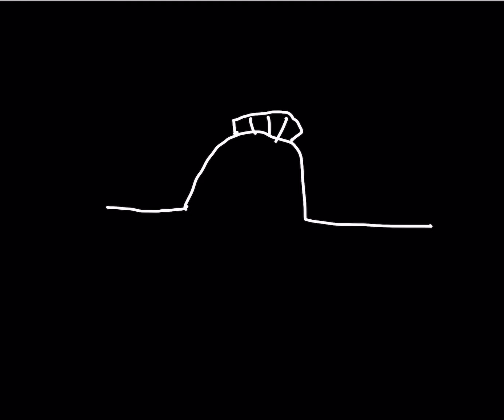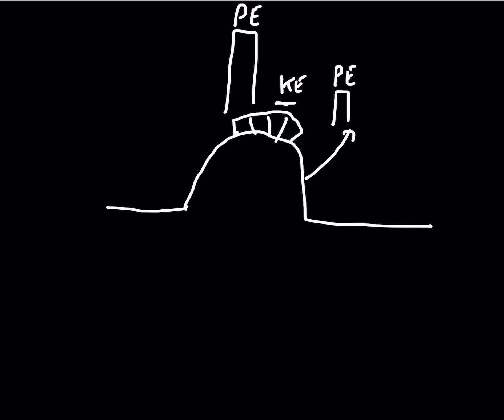So at the top of the hill, we'll have 100% potential energy, and I'm going to denote zero kinetic energy just with a line. We'll have zero kinetic energy. At this middle portion here, I know I didn't draw a very good hill, but we'll have about 50% potential, 50% kinetic.